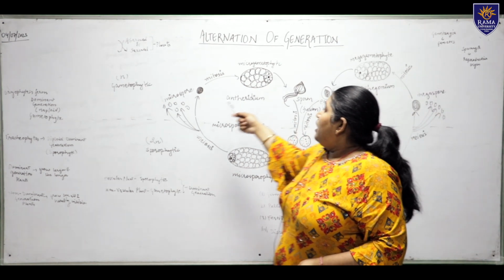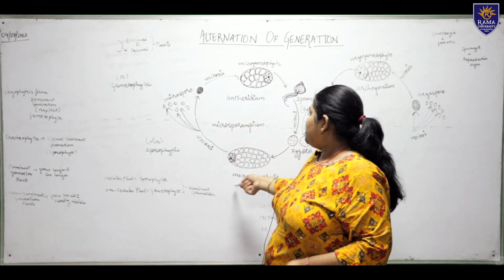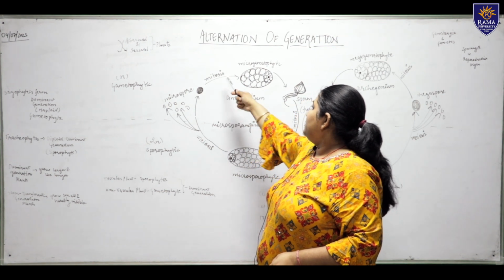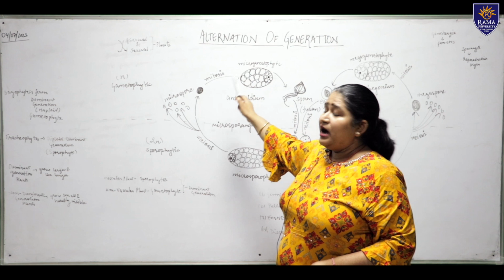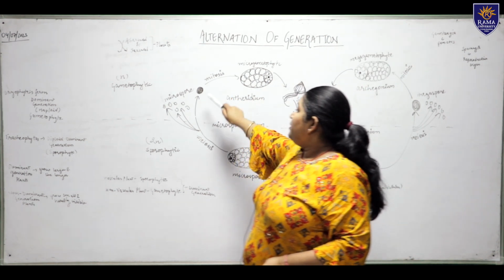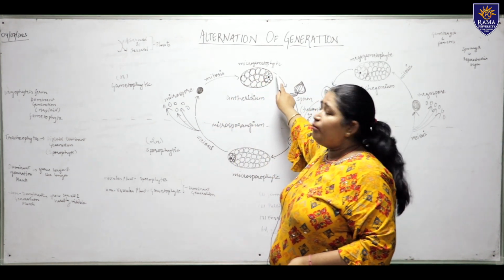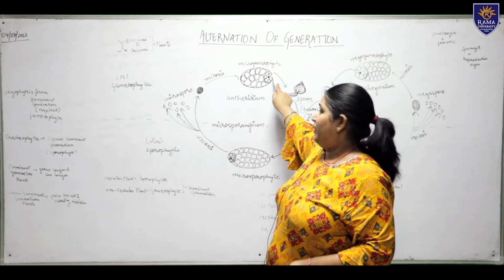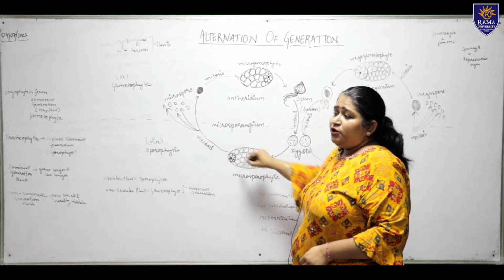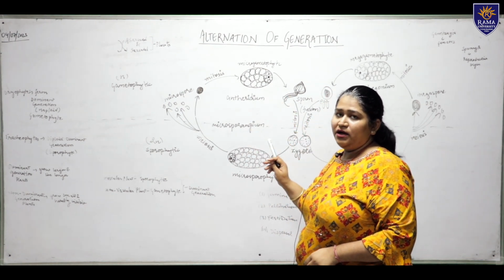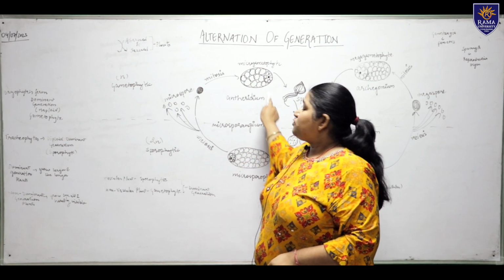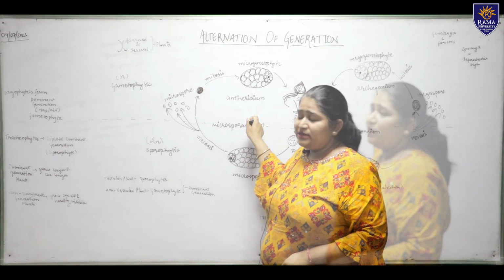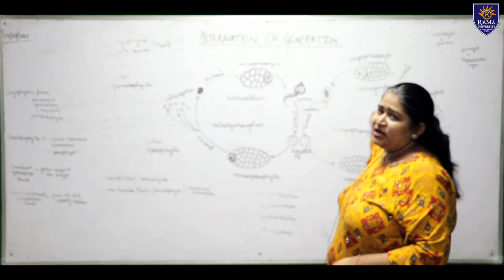From the male sporangia, after mitotic division, microgametophyte formation occurs. After the mitotic division, the microspore converts into a microgametophyte. The male reproductive organ in plants is known as the antheridium, and the female reproductive organ is known as the archegonia.